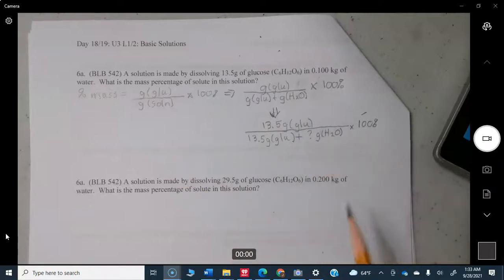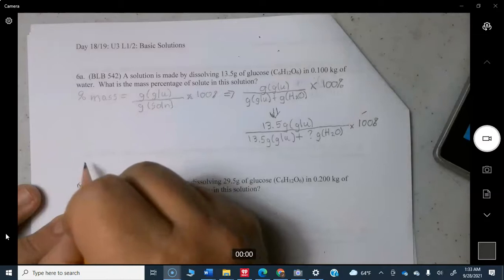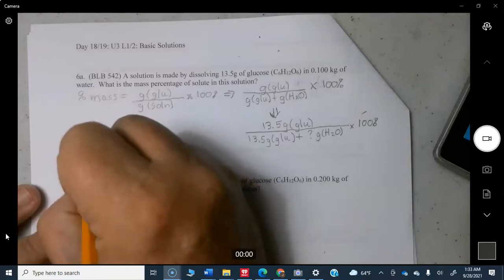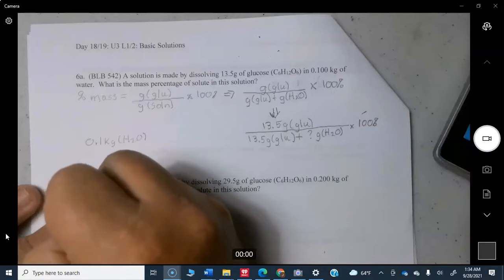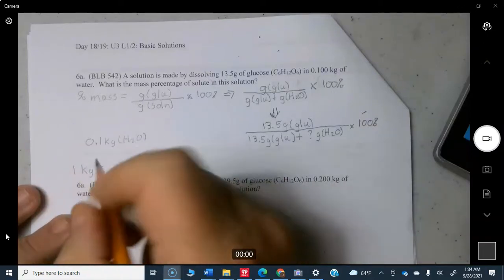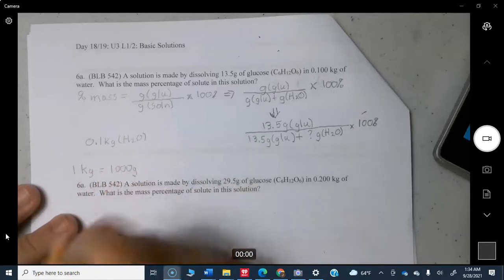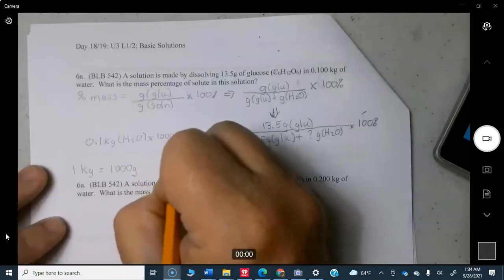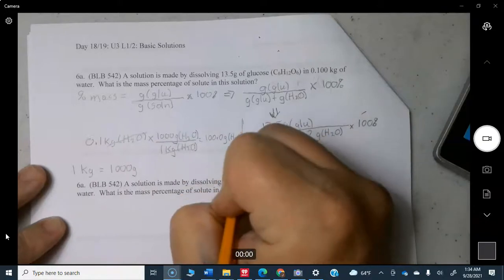The only thing we don't know is grams of H2O, but we know kilograms of H2O. So that's a pretty easy conversion. So we'll come over here and do that. And the relationship is, and that's true of anything, I'm going to separate that.